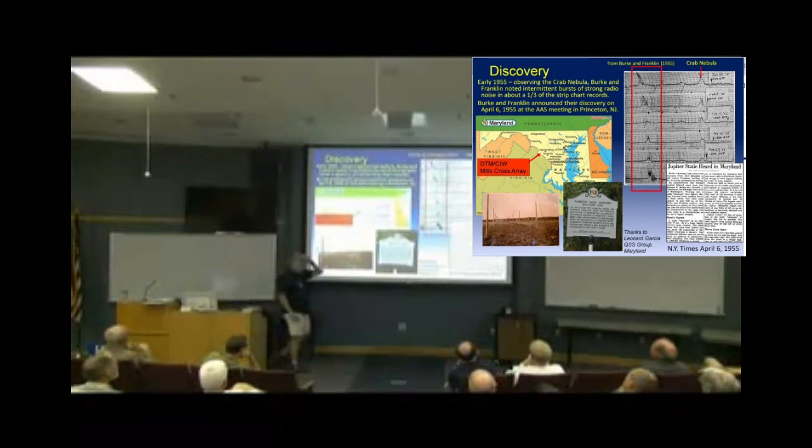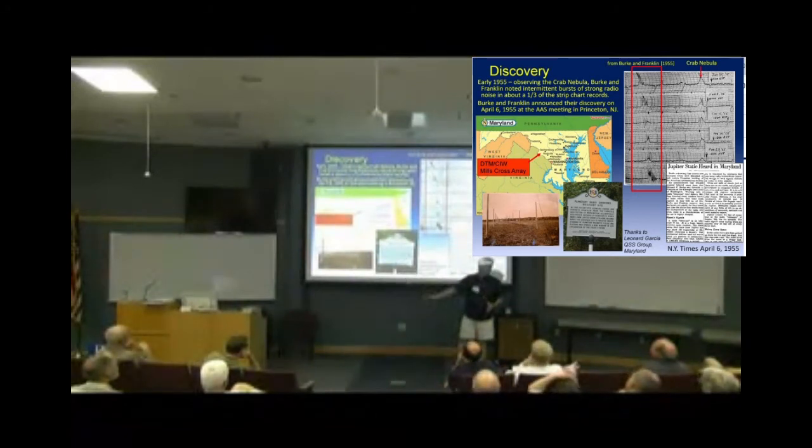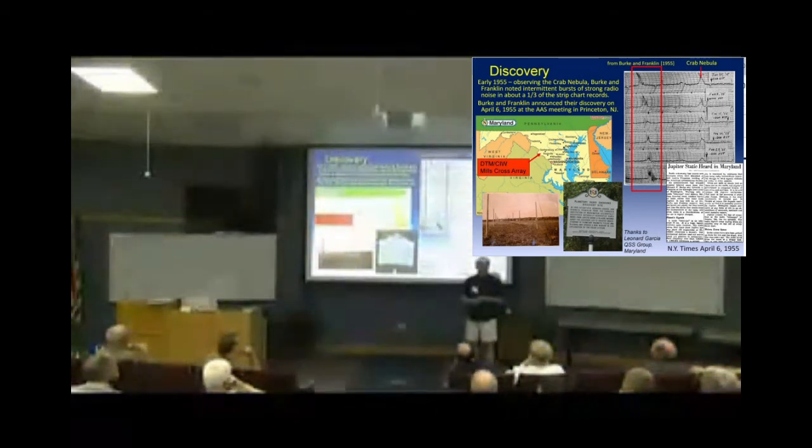And Leonard Garcia, the archivist for Radio Jove, really took it upon his shoulders. He wanted this site recognized as a major discovery, and so he, through the Cultural Center department, I'm not sure what department you go to for this, had a road sign erected there, which marks the site of discovery.